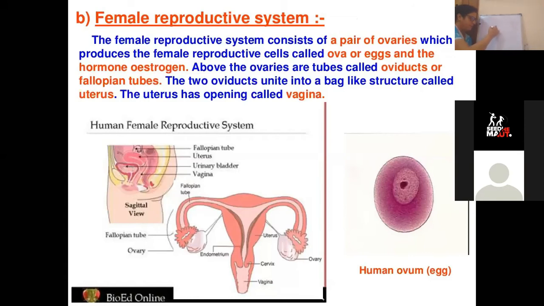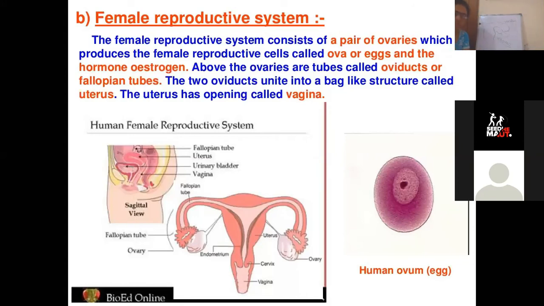This is the ligament which is attached to the ovary. Then over the ovary there is the hand-like or funnel-shaped structure, that's the oviduct. And here, at the oviduct, there is the pear-shaped structure which is known as the uterus.